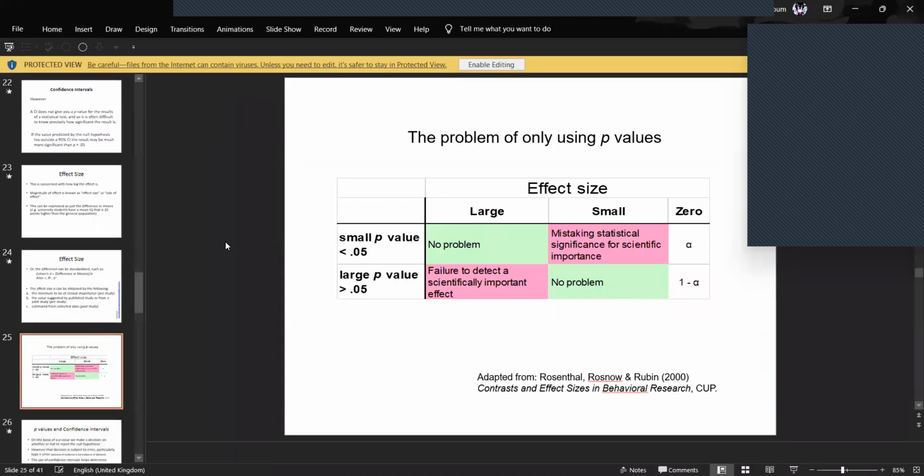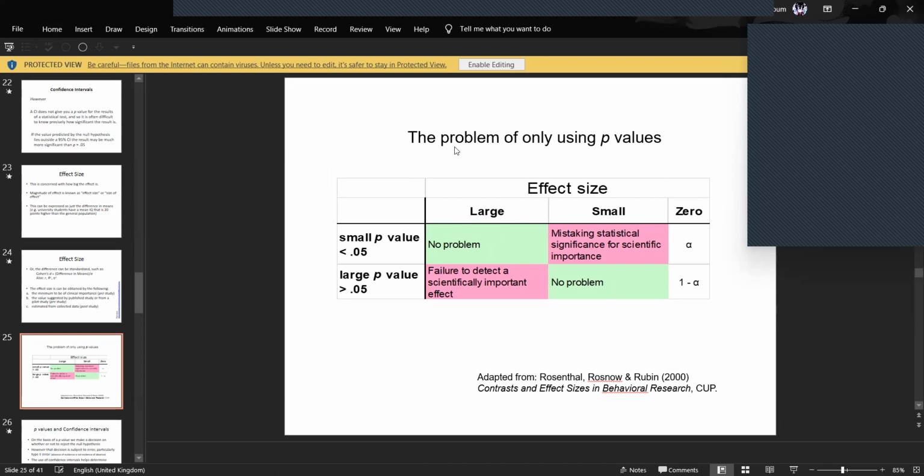All right? Now, the issue of only ever using a p-value is that you can sometimes miss various very important errors, right? Or you can miss certain things depending on whether or not the effect size is large or small.